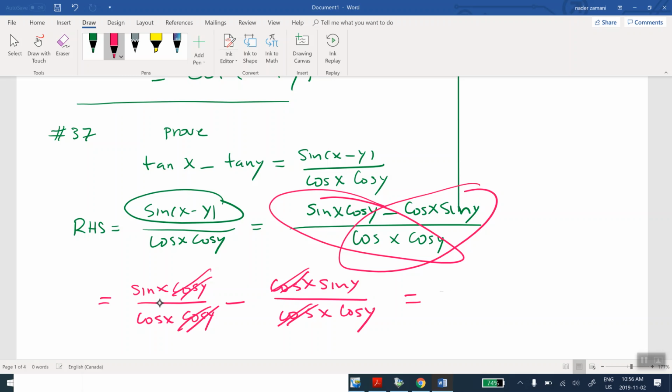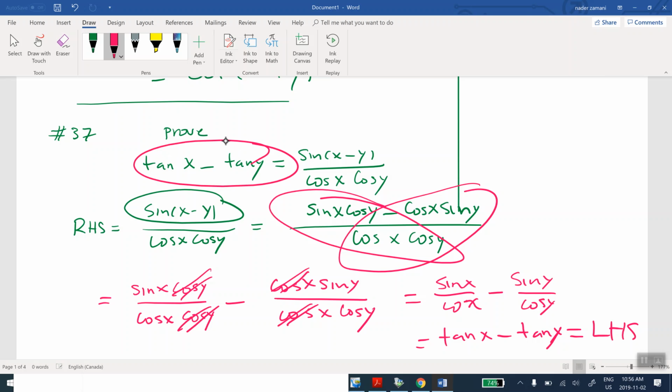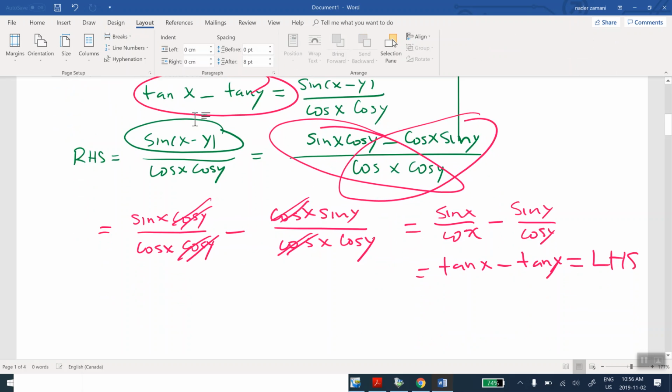This is sine x over cos x minus sine y over cos y, and this is tan x minus tan y, which is your left-hand side right there. That takes care of this.